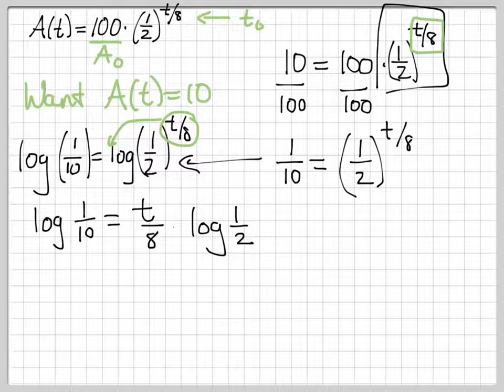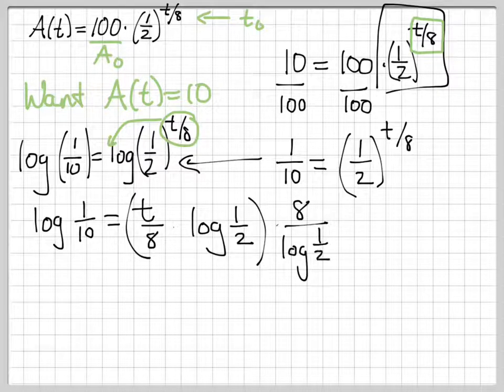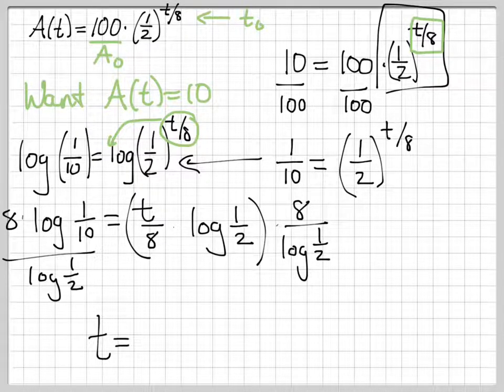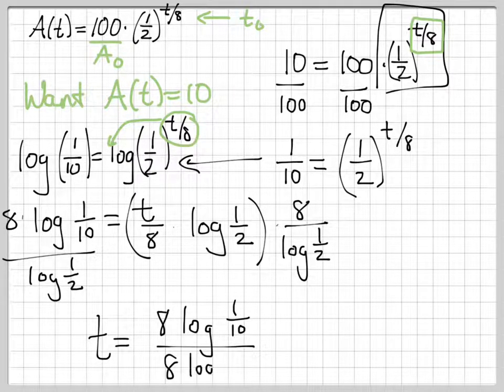And so solving for t right now is actually really easy. All we have to do is multiply both sides by 8 and divide both sides by log of 1/2. So multiply by 8 and divide by log of 1/2. And then you just get t equals 8 log of 1/10 over log of 1/2. Sorry, there's no 8 in the denominator.